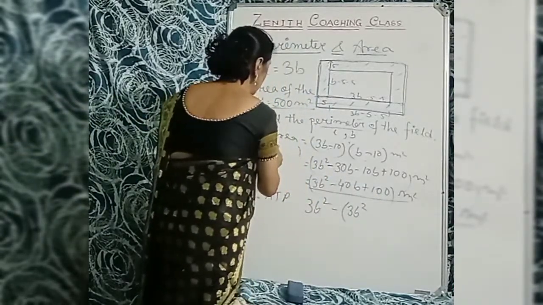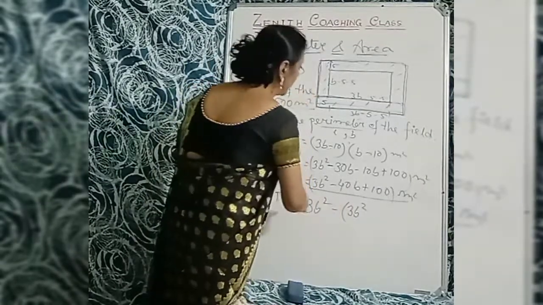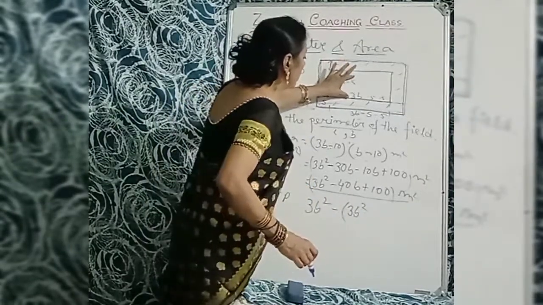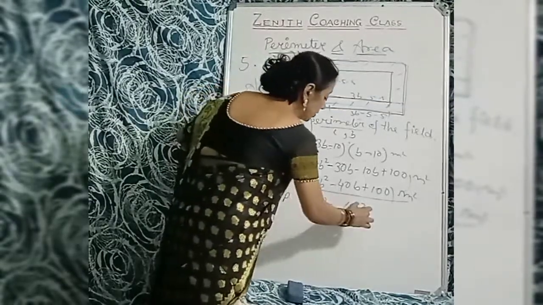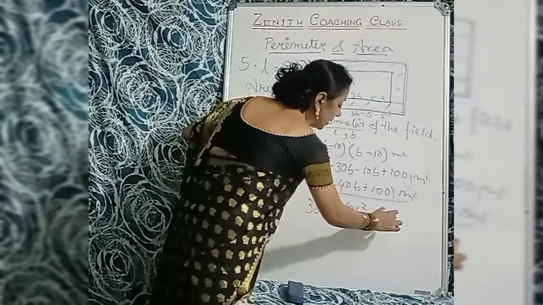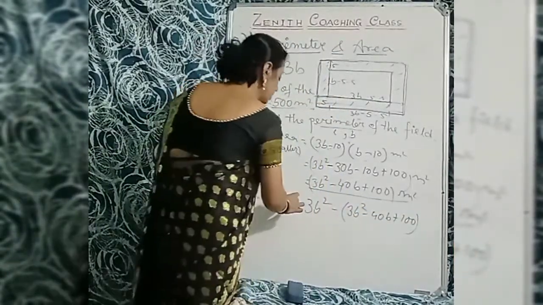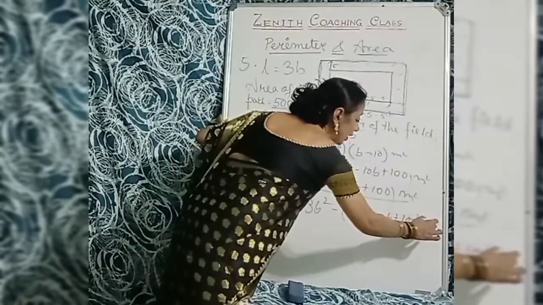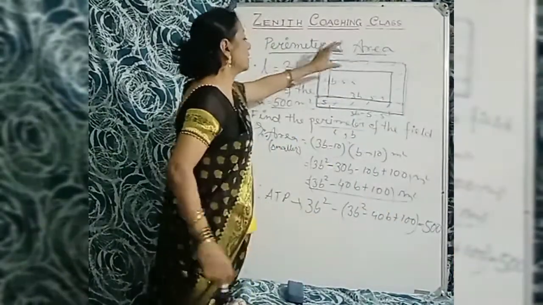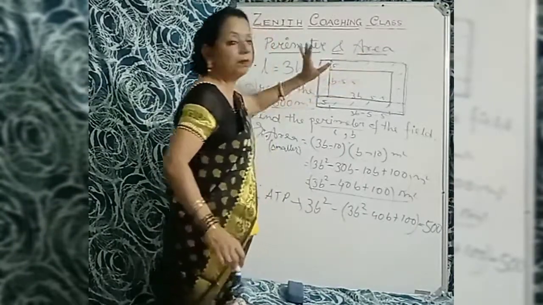Bigger field minus smaller field equals area of the path. So 3b square minus 40b plus 100 meter square, and the area of the path equals 500. Why 500? Because area of the bigger field minus area of the smaller field equals area of the path.